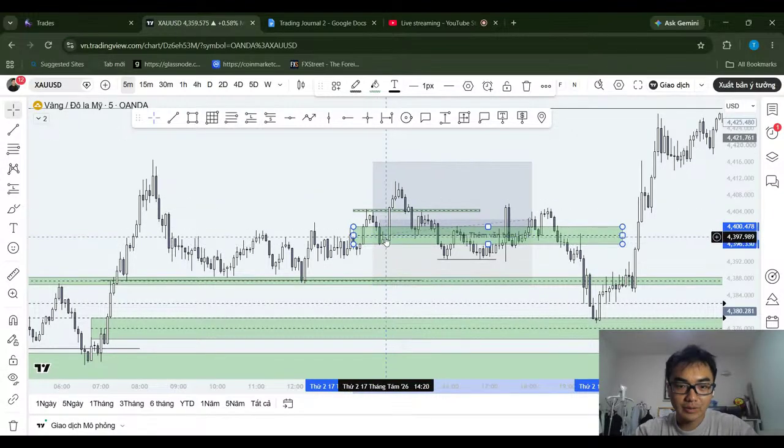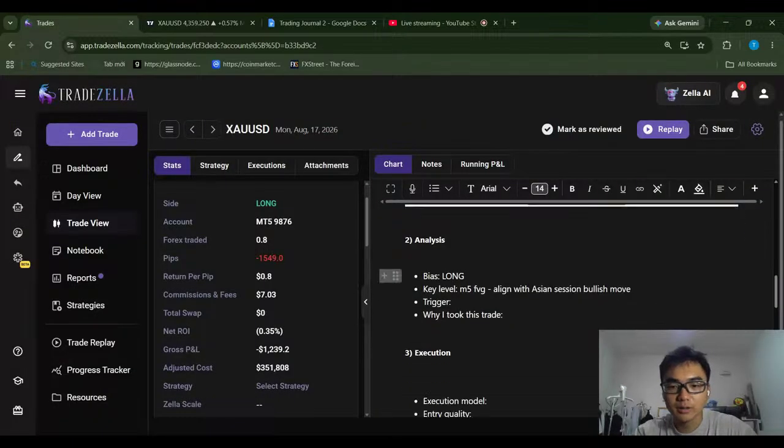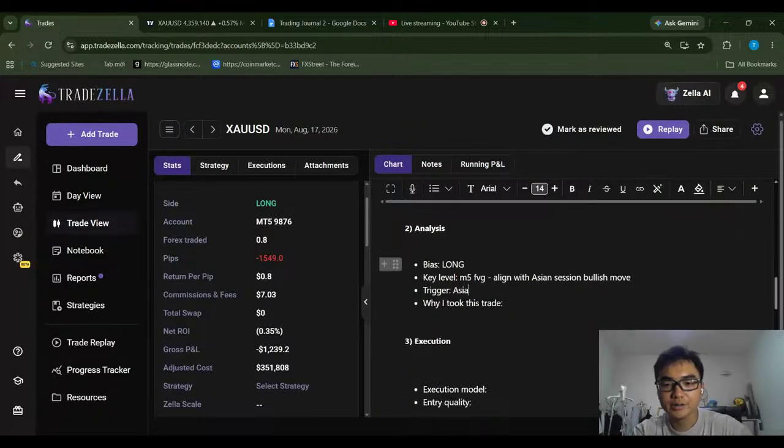So I could take a trade right here. This is like a trend-following and continuation trade. So I need to break down the trigger of the Asian session.